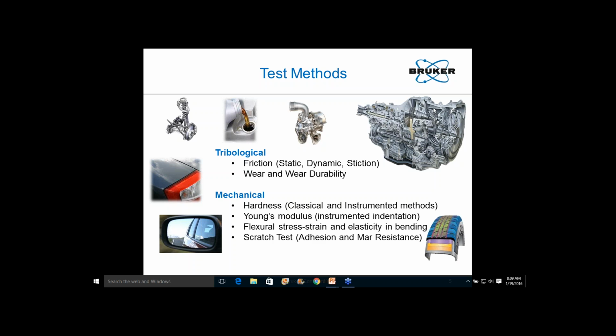Instrumented hardness testing methods can also allow us to obtain Young's modulus or elastic modulus. In the mechanical testing categories, we also have flexural stress-strain behavior studies and elasticity in bending. And of course, we have scratch tests for adhesion and Mar resistance, mostly related to thin films and coatings, and some kinds of surfaces like glass.